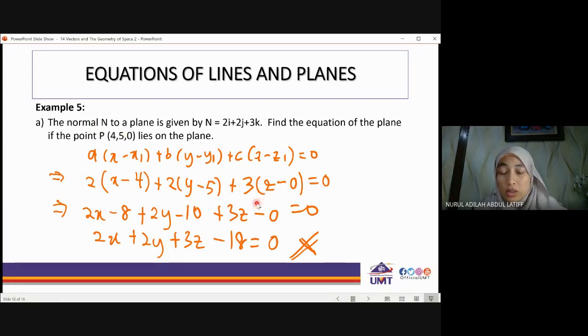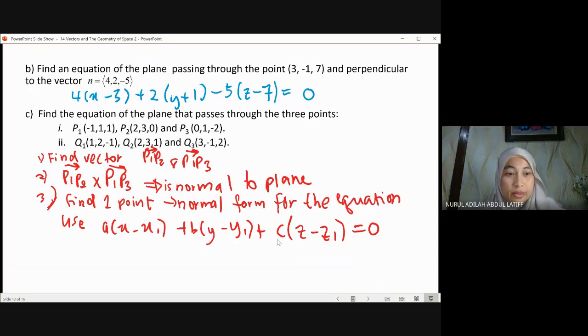You can open and expand all the equation, and you'll get 2x plus 2y plus 3z minus 18 is equal to 0. Very easy, right students? I already said it is very easy. Just follow step by step and understand the terms, then it is easy for you. Now find an equation of the plane passing through the point (3, negative 1, 7) and perpendicular to the vector n is equal to (4, 2, negative 5).